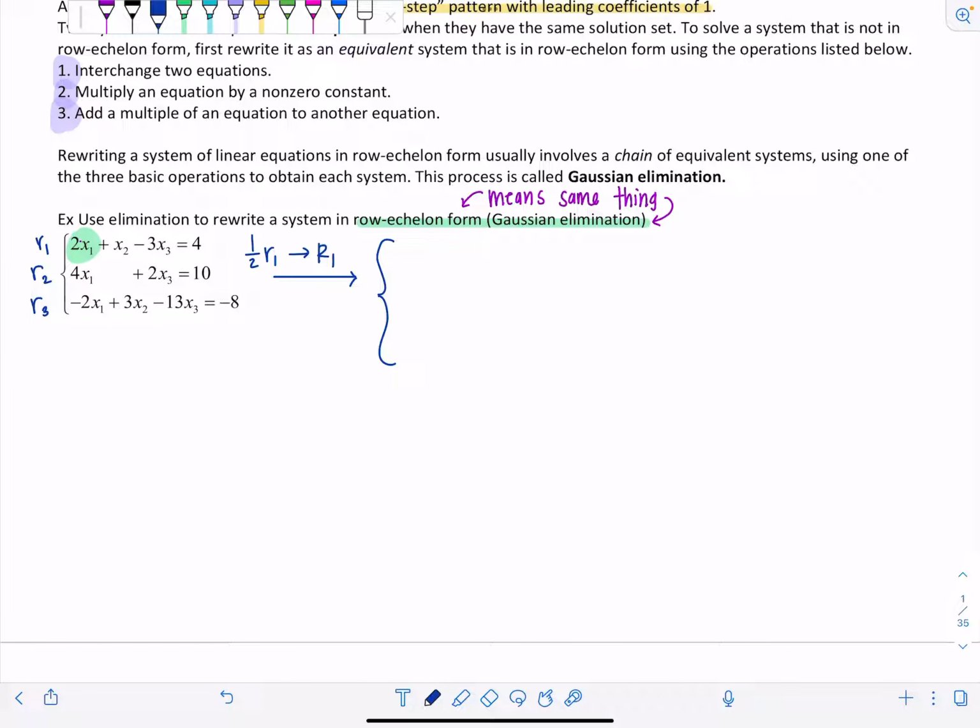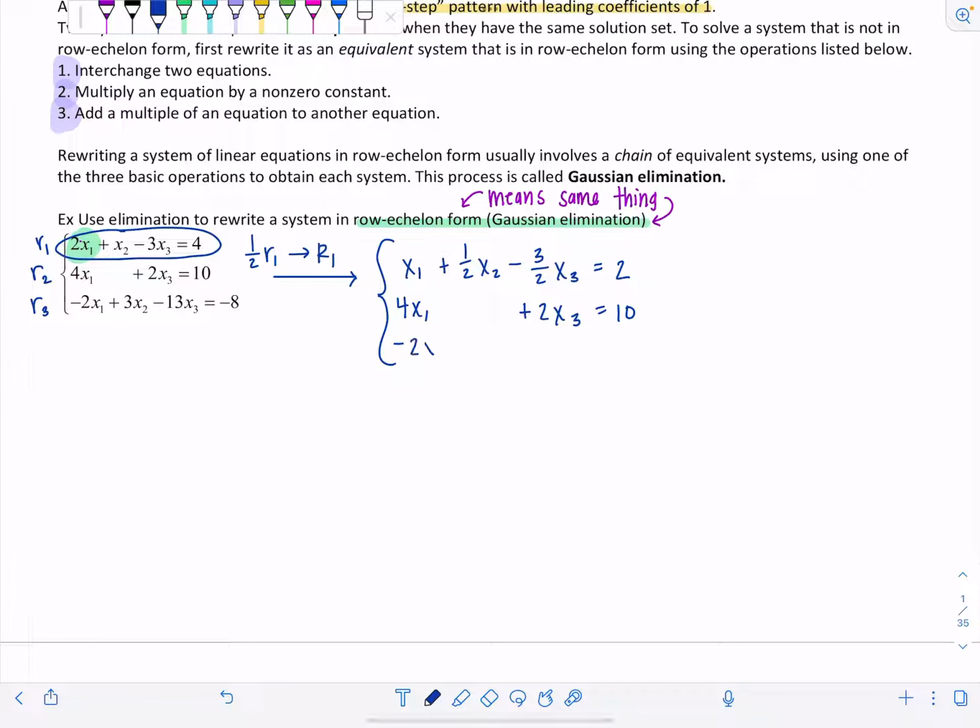So if I multiply all of row 1 by a half, now it just becomes x1 plus 1/2 x2 minus 3/2 x3 equals 2. And then I'm not touching the other rows, so we have 4x1 plus 2x3 equals 10.